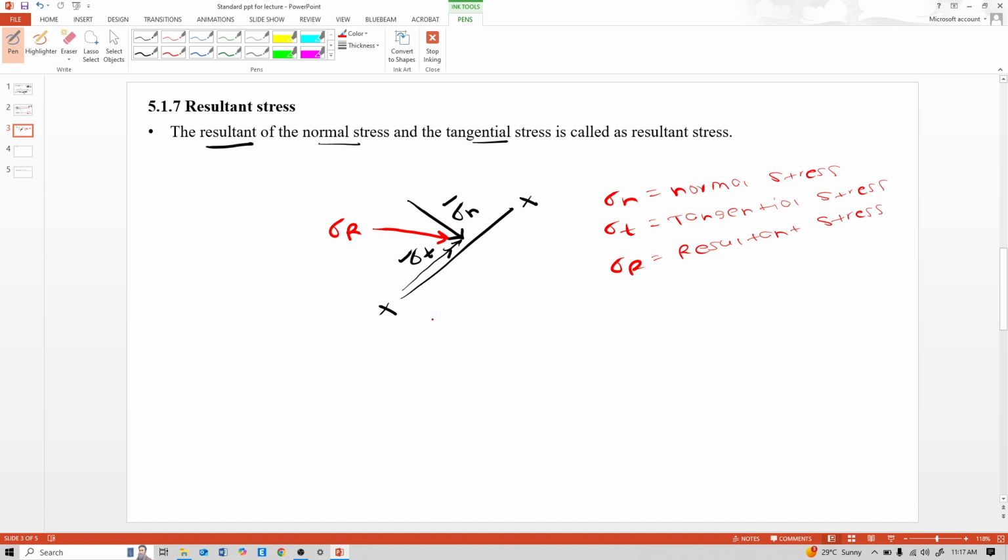These are all vectors: sigma n, sigma r, sigma t.